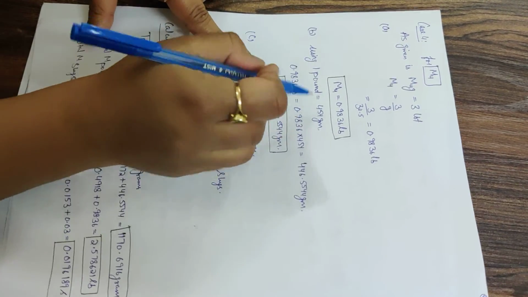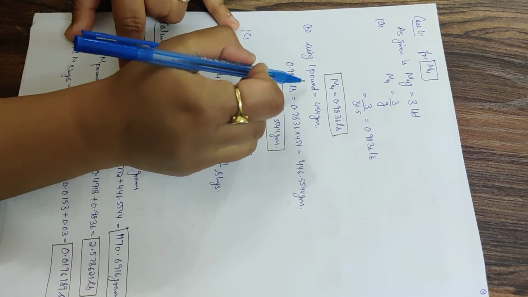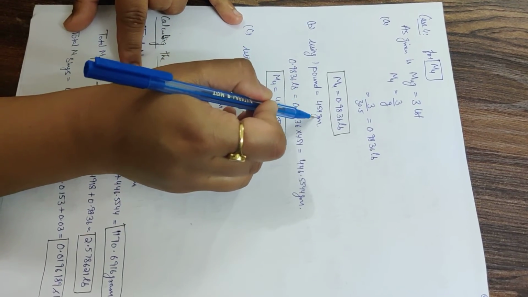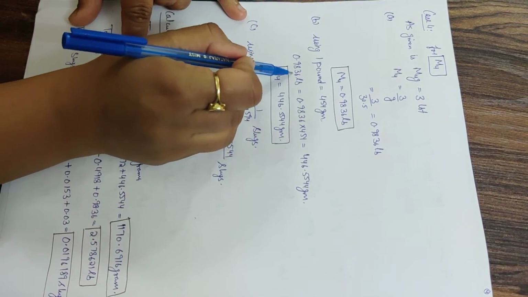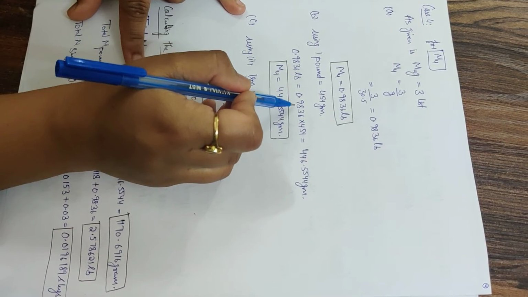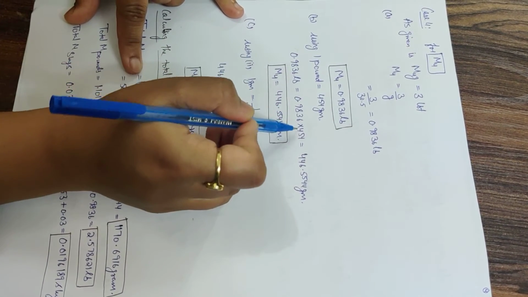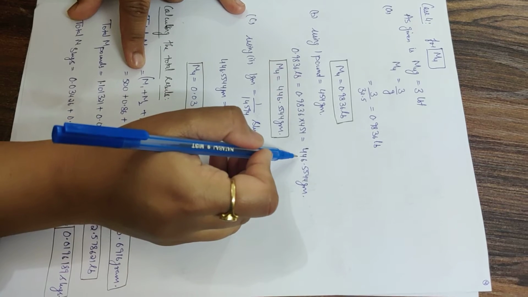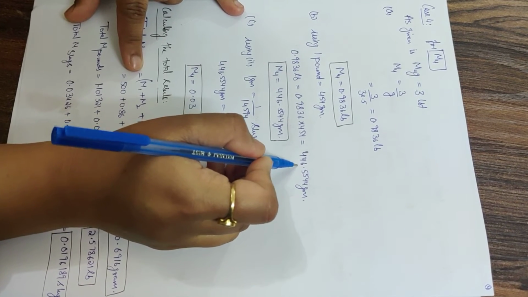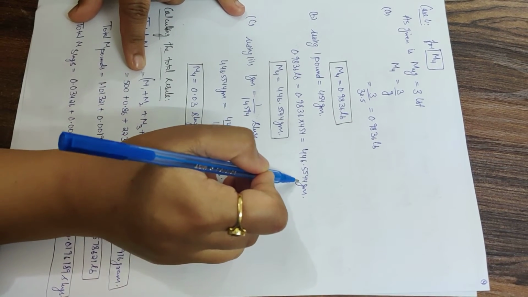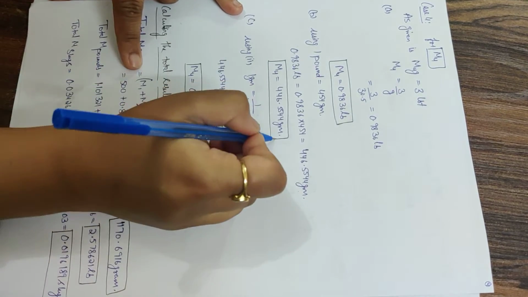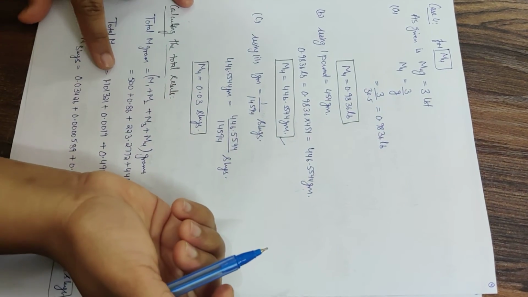Now we are very familiar with this conversion, that 1 pound is equal to 454 gram, and 0.9836 pounds will be equal to 0.9836 into 454, which will give you the value as 446.5544 gram. Okay, so we'll get the value for m4 in terms of grams as well.